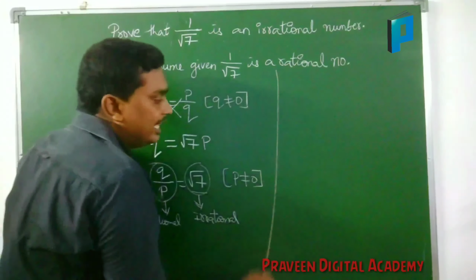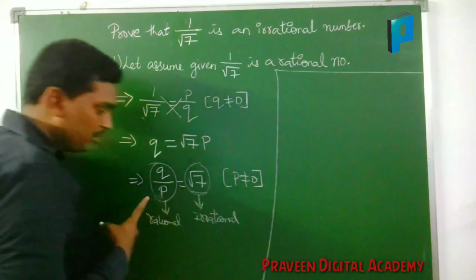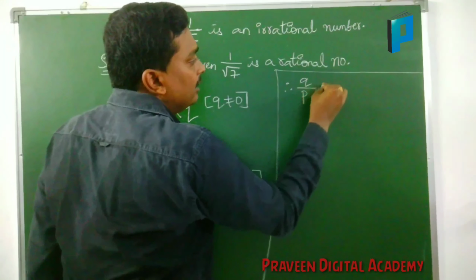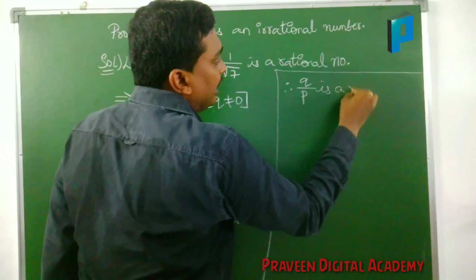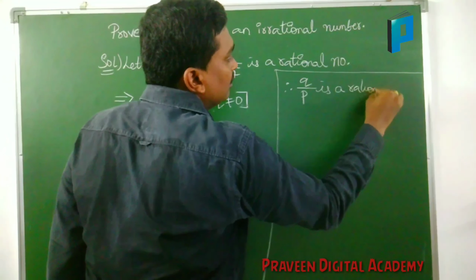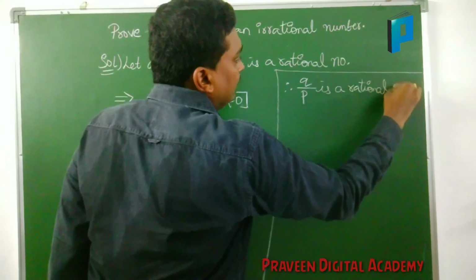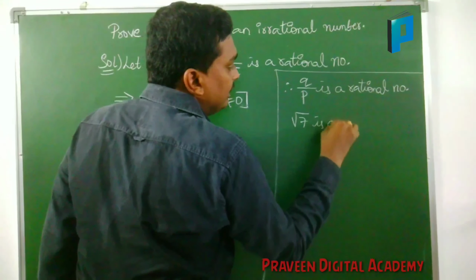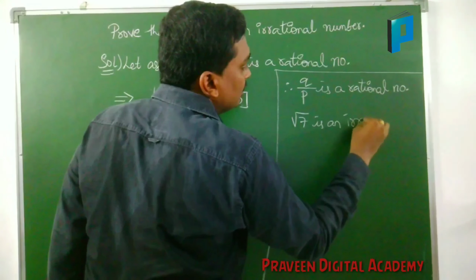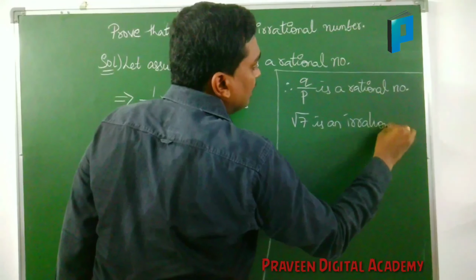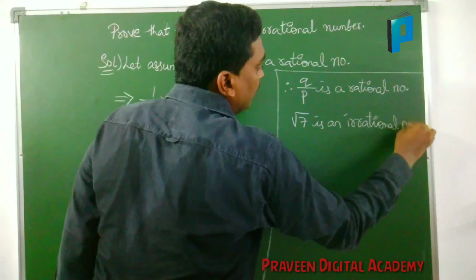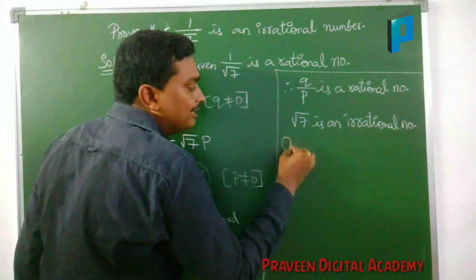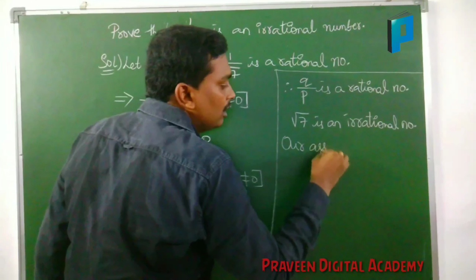Here what we can say from this? q by p is a rational number, but root 7 is an irrational number. Here our assumption is wrong.